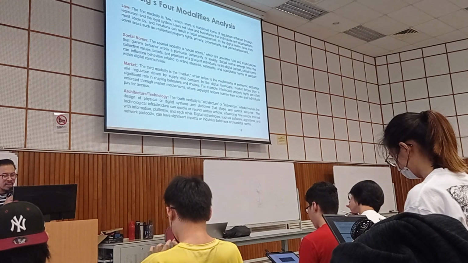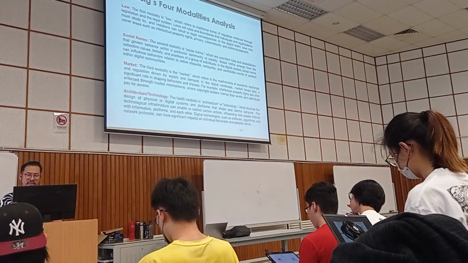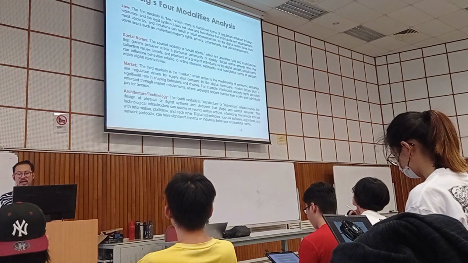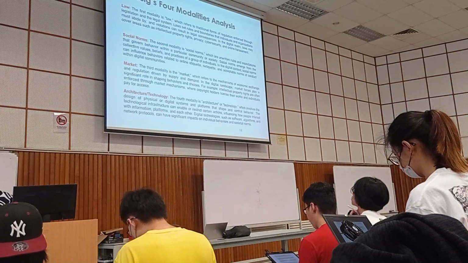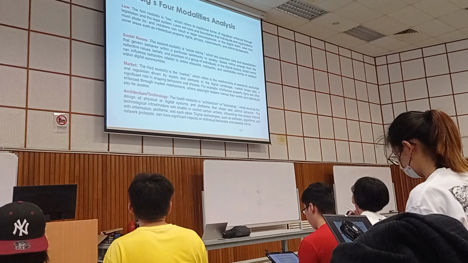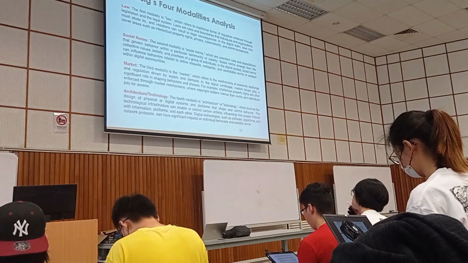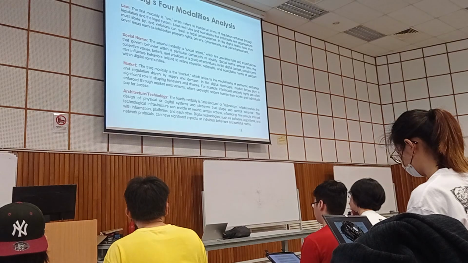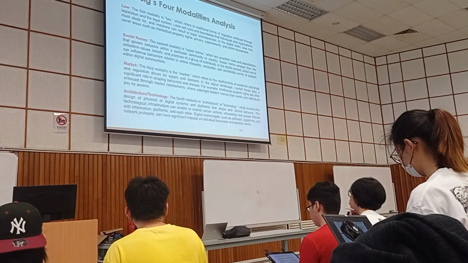So digital technologies such as software, algorithms, and network protocols can have significant impacts on individual behavior and societal norms. So it will restrict. When you have this sort of algorithm system, it's just yes or no. There's no in between.